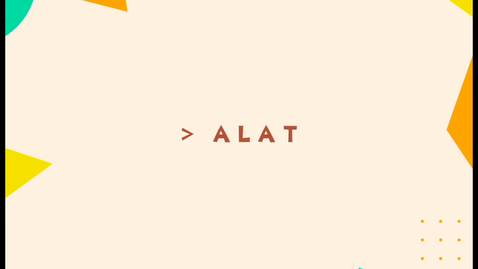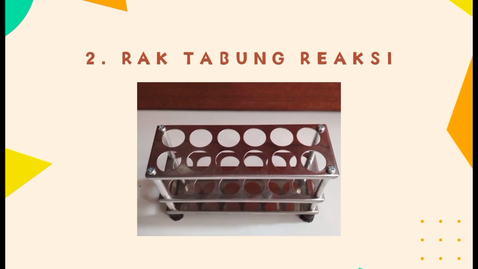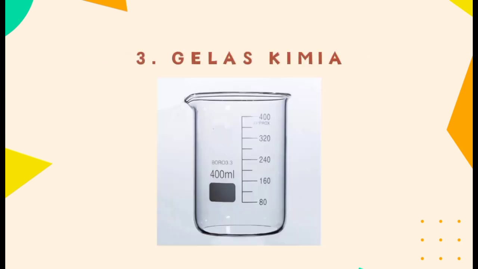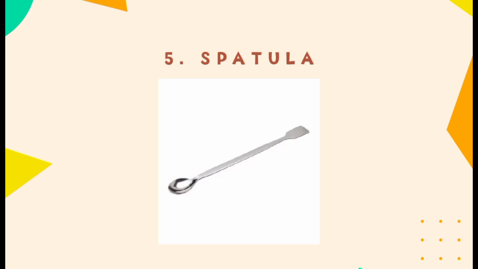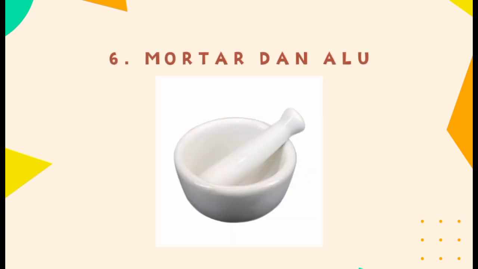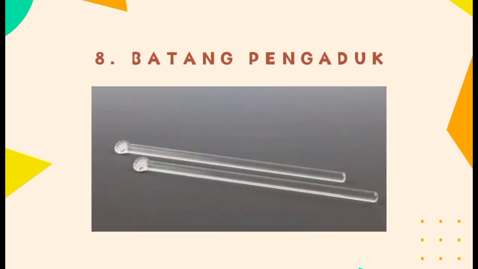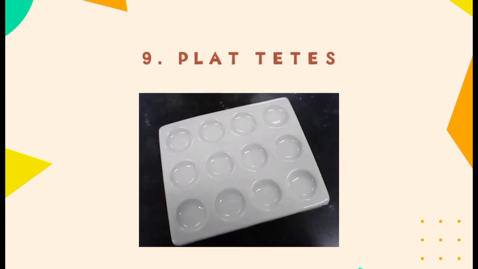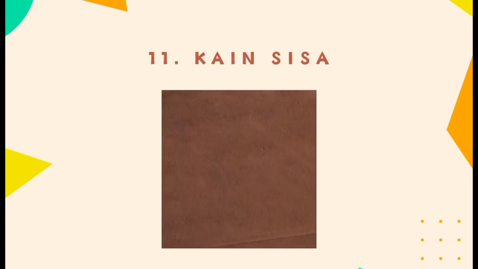Tools and materials. The first is tools: test tube, test tube rack, beaker glass, drop pipette, spatula, mortar and pestle, Bunsen burner, stirring rod, drip plate, test tube clamp, and leftover cloth.